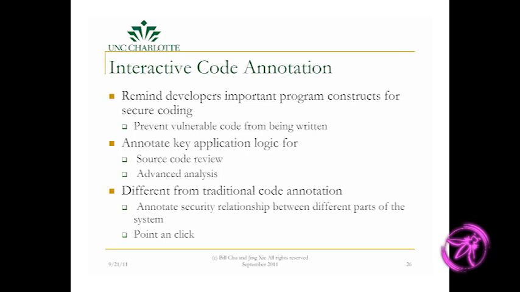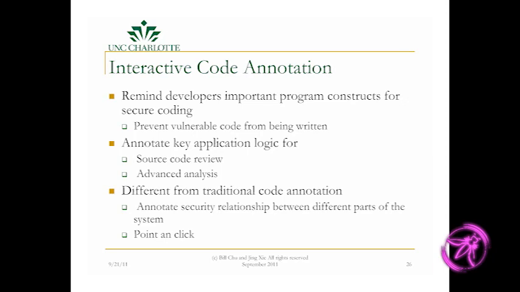So the second mechanism that we're going to talk about is called interactive code annotation. I want to start by saying that annotation is not a new idea, but the way we are using annotation in this context is different from traditional annotation, because traditional annotations are text-based. You write certain extra syntax, program statements essentially, in the program, right?